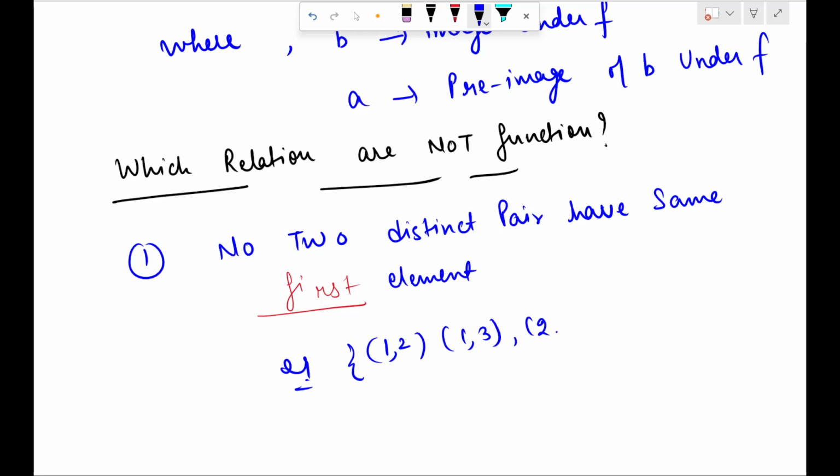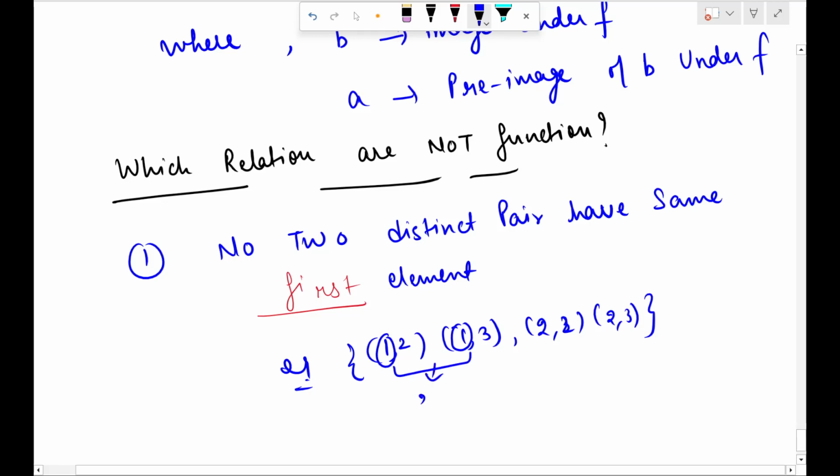This is a random relation. So (2, 3). In this we have 1 as the same first element in two distinct ordered pairs, so it is not a function. And we have 2 as the same first element in two ordered pairs, so it is not a function.